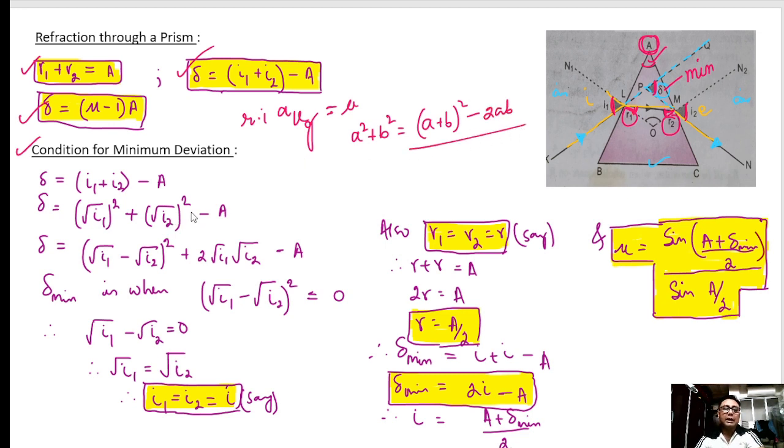Using this, I can also write it as (A minus B) whole square plus 2AB. Okay, so this is what we have used here.